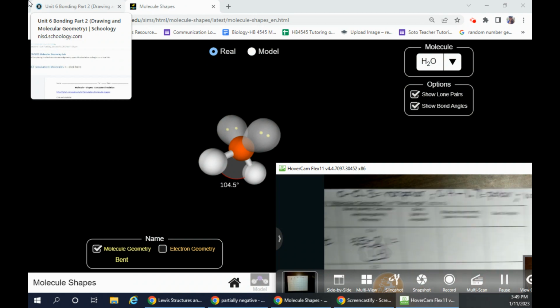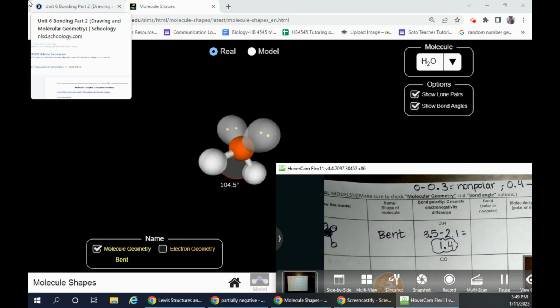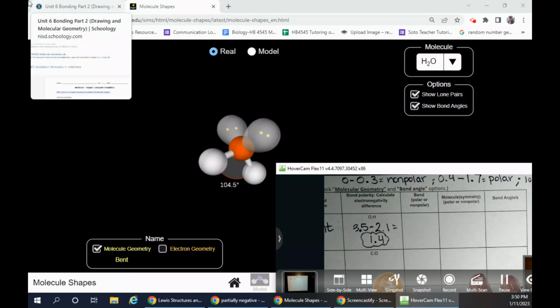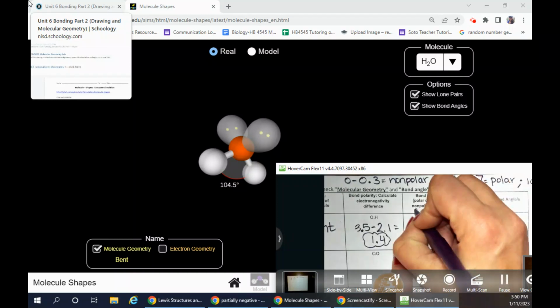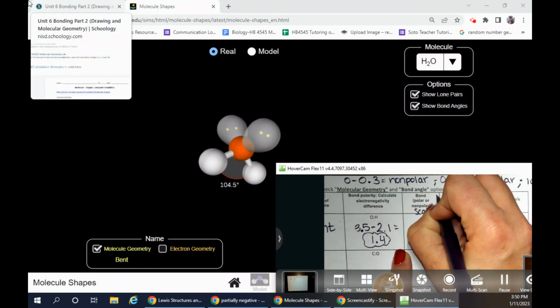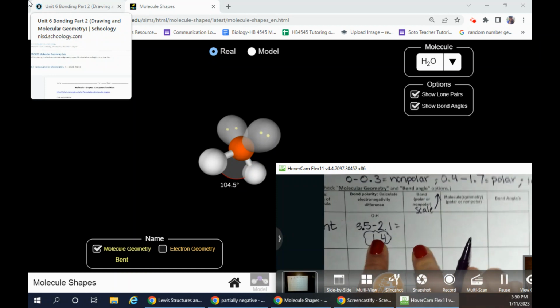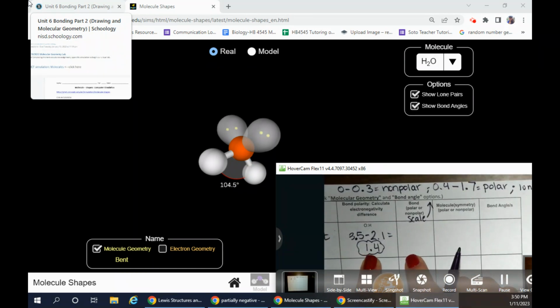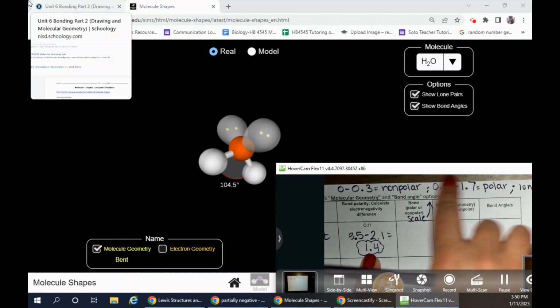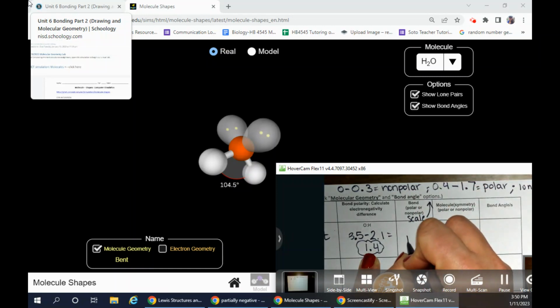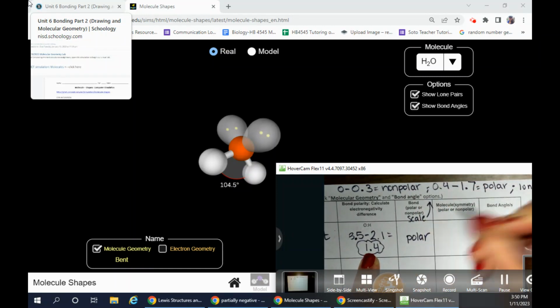All right. So now that we have those numbers, for this bond polarity, you are looking at the scale that you just wrote in, okay? So we had 1.4. Where do I fall? Polar, exactly. We're between 0.4 and 1.7, so this will be a polar bond between oxygen and hydrogen.